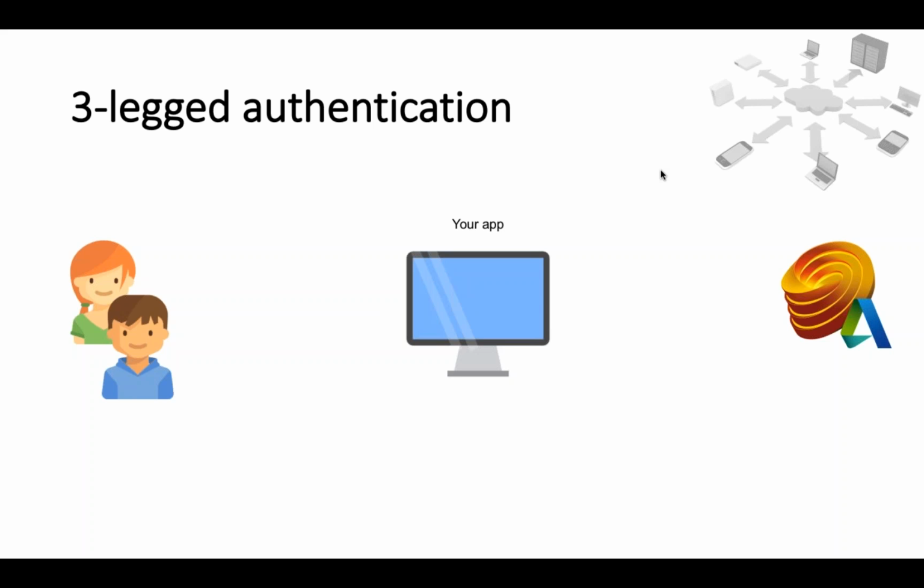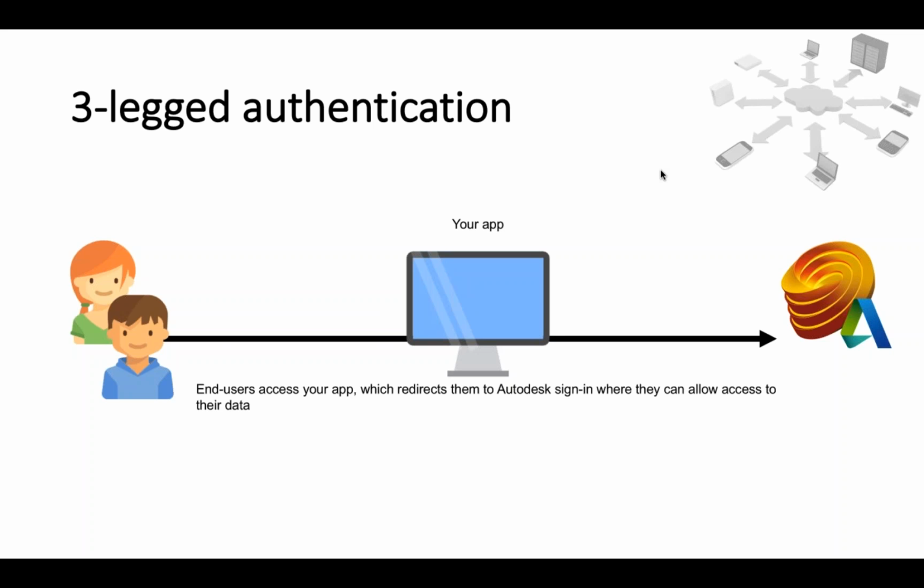In the three-leg authentication, the situation is different. In that case, the user will connect to your application, and then will be redirected to a login page that lets the user input his login and password on his Autodesk account.